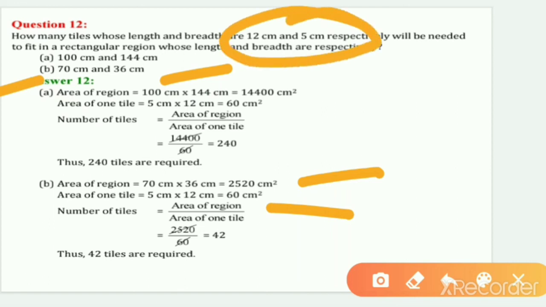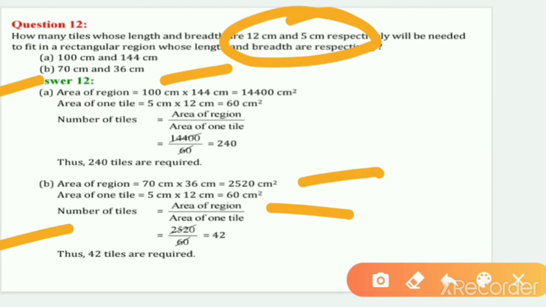Now coming down, the number of tiles equals the area of the region upon the area of one tile, because we have to cover both the things. So how many tiles will be required? We are dividing both: the area of the region divided by the area of one tile. So we have 2520, and divided by 60 we will get 42 tiles.